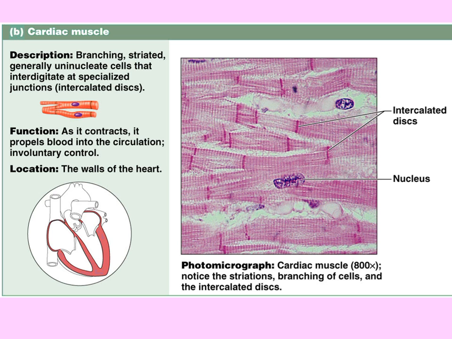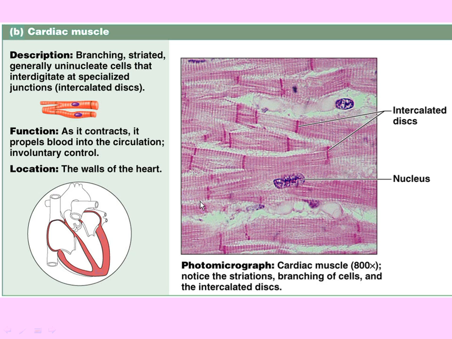Here is a picture of cardiac muscle under the microscope. Again, if you look at it closely, you can see the muscle cells running left to right. And you can see that there's really only one dark purple blob per cell. Remember, it only has one nucleus per muscle fiber. And then if you look at each muscle fiber, there are some striations that run up and down.